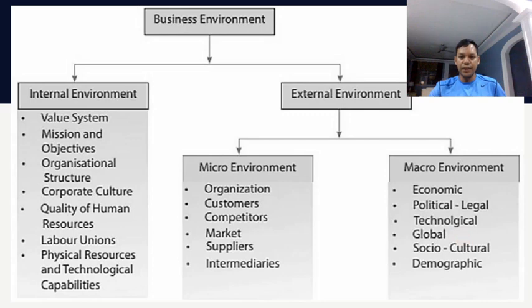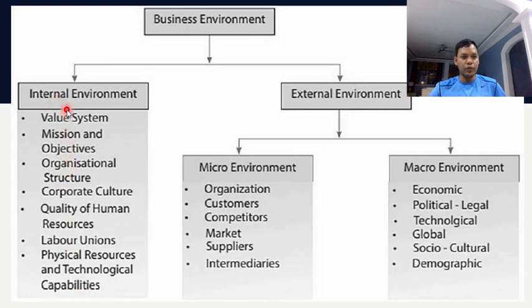Before we proceed to the next slide, I will explain further about the internal environment. Again, the internal environment of the organization consists of the factors that are controllable by the management. So we are part of the business, and internal environment is controllable.